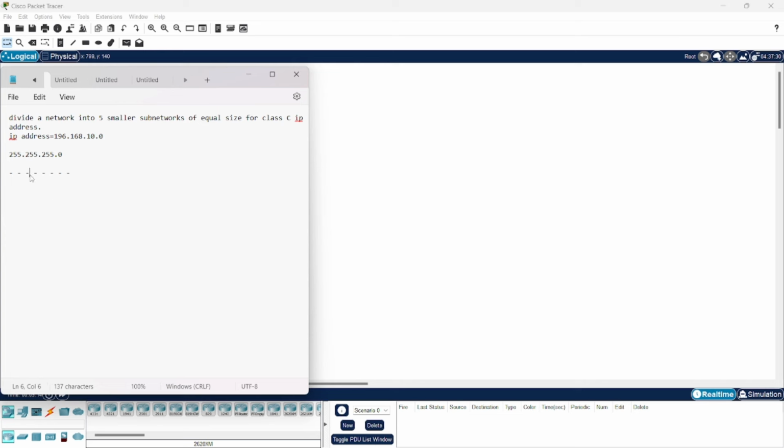So here, the first 3 bits of the host ID would also become a part of the network ID. Now the new subnet mask for the connections in this IP address would be 255.255.255.